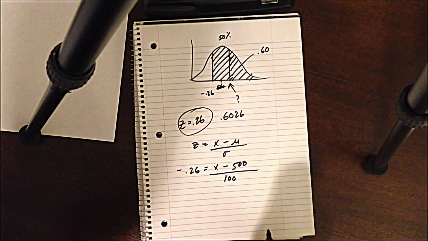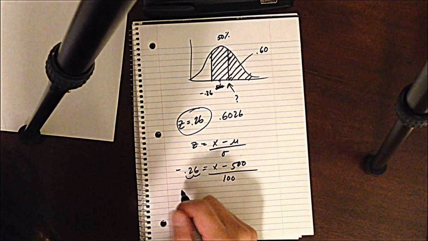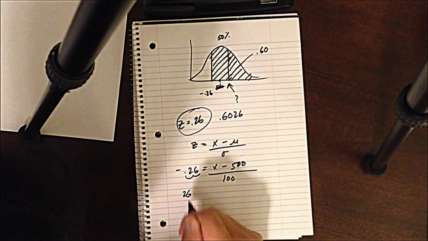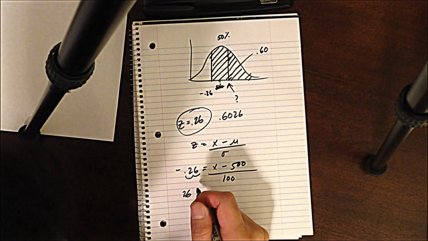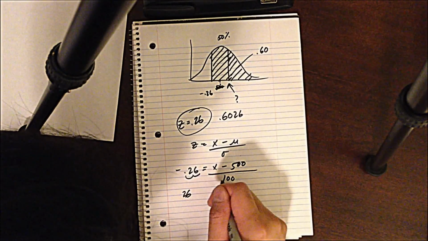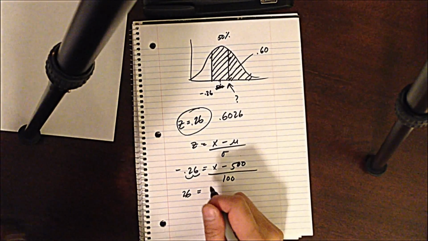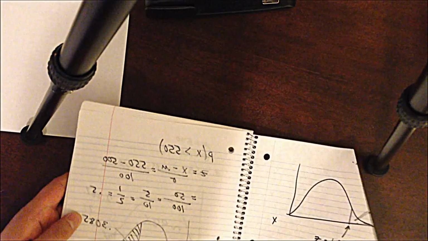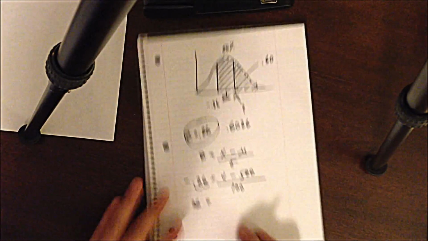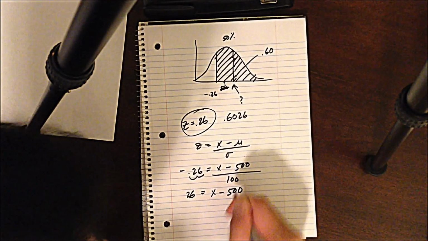Okay? Multiply both sides by 100. Move this 2 decimal places, so this is going to be 26, right? So 26, let me see, hold on, sorry. Having a brain fart. Yeah, negative 26 equals x minus 500.